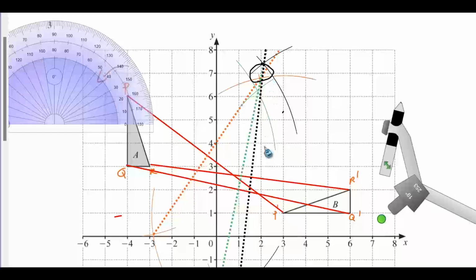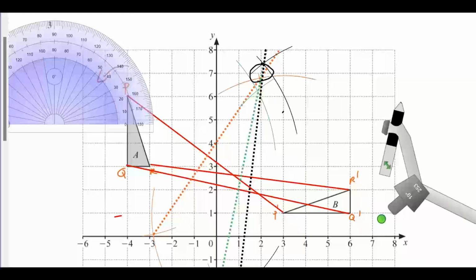That is x equals 2 and y equals 7. So we know that this is a rotation and we found the center of rotation. Now we need to find the angle.